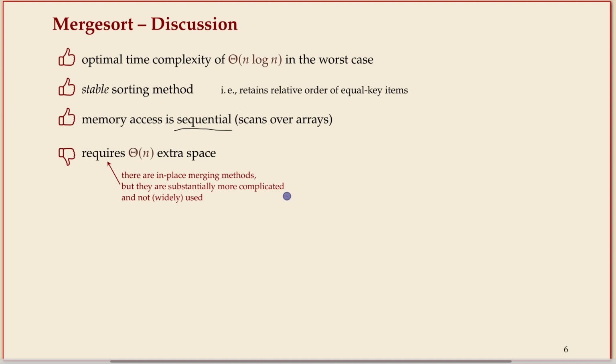I mentioned this before, there are ways to work around this, but they're mostly theoretical curiosities, not so much relevant in practice. So as a puzzle, you can do merging in place and stable with complicated recursive tricks, but it ends up writing the data many times, so it comes at a prohibitive cost. But it's possible.